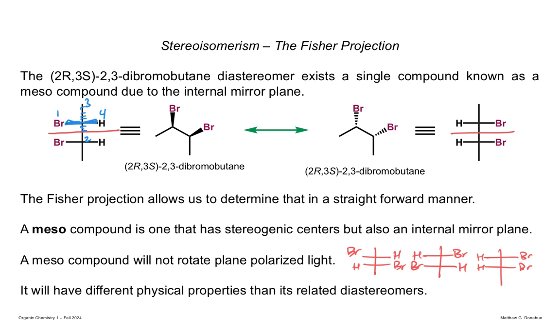That should be R, so that's 2R. That's what's tough about the Fischer projection, in my opinion. So it's easier to build a model, and then you can rotate things into the normal form.